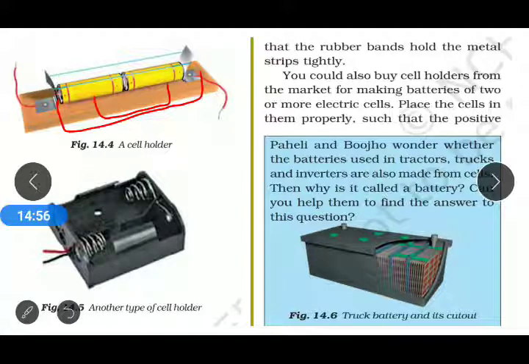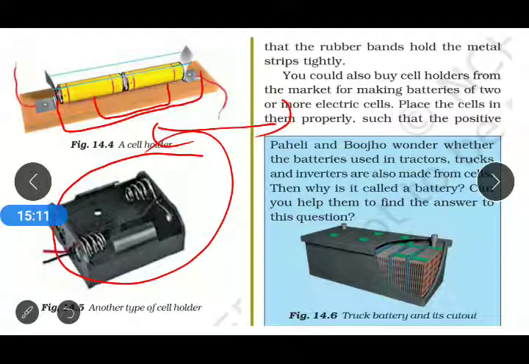After that, we tightly attach a rubber band on it, and we connect the two wires. In that way, we make our cell holder. The second picture shows you the type of cell holders available in the market.